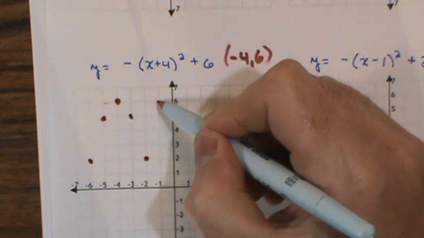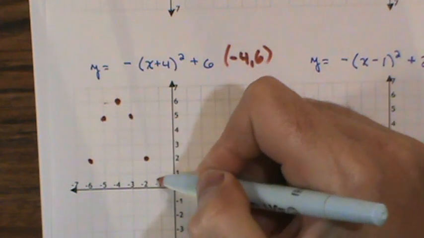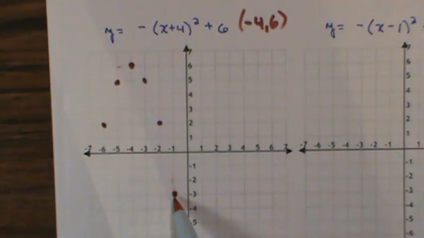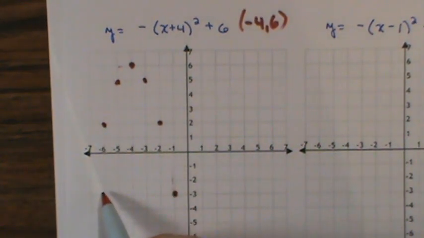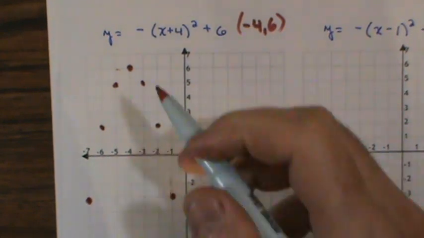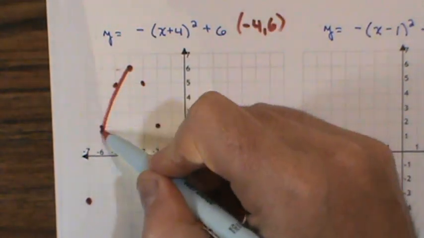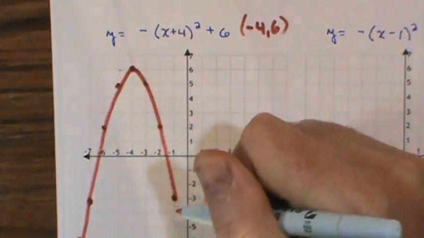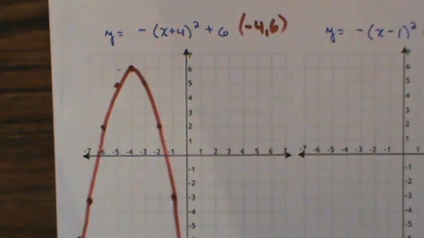If I go right 3 units, I should be able to go down 9. And there should be a sister point to this, meaning that if I just bump over 1 unit, there should be the other point to go along with that. I connect my dots. There's a standard parabola that's opening downward.